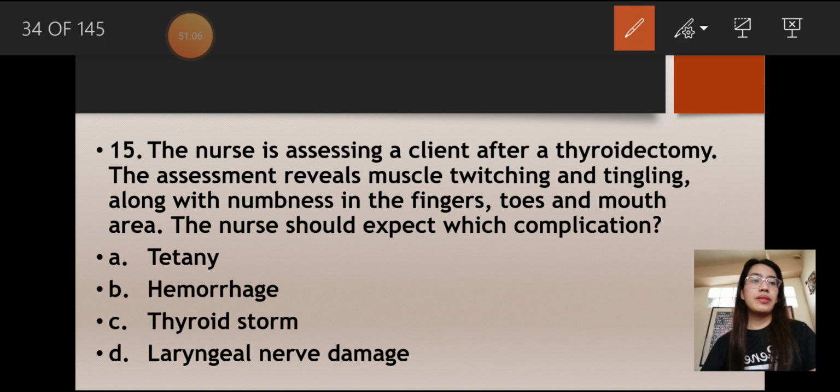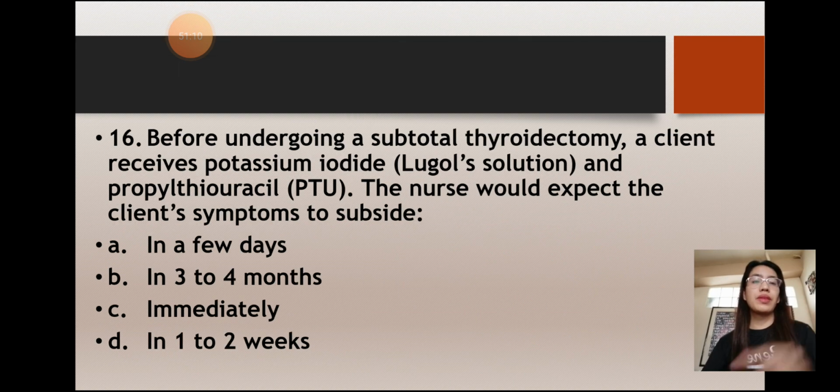Number 16. Before undergoing subtotal thyroidectomy, a client receives potassium iodide, Lugol solution, and propylthiouracil. The nurse would expect the client's symptoms to subside when? So, kailan? Ang Lugol solution, binibigay natin yan para hindi madugo yung ating thyroid during operation. So, this will decrease the vascularity of the thyroid gland para hindi madugo.